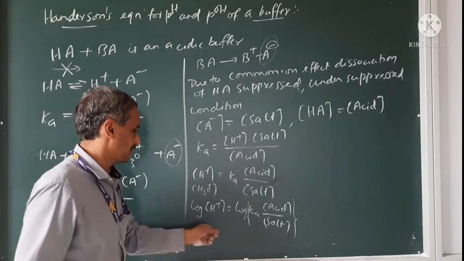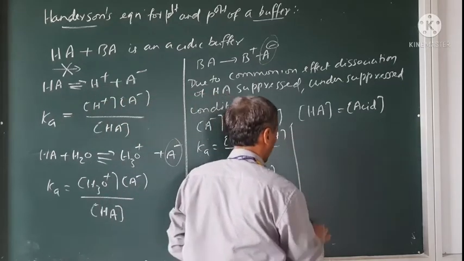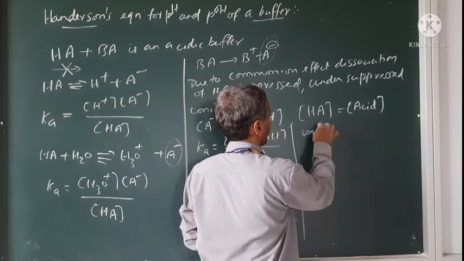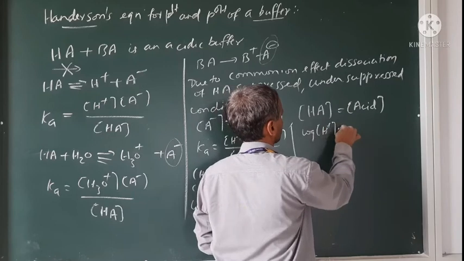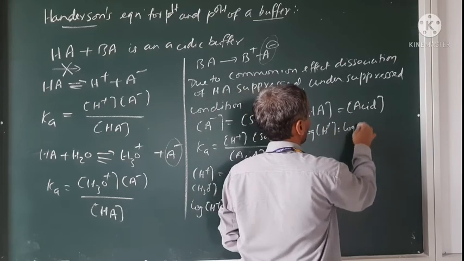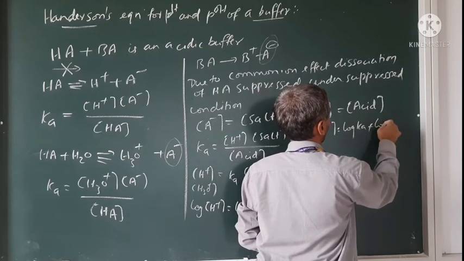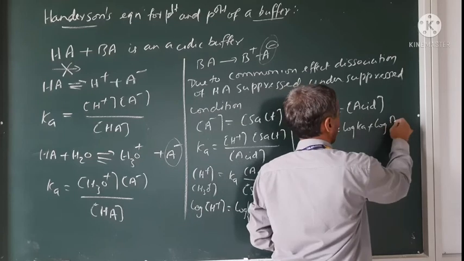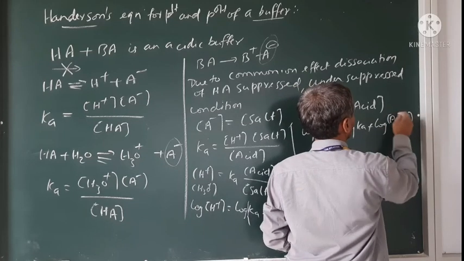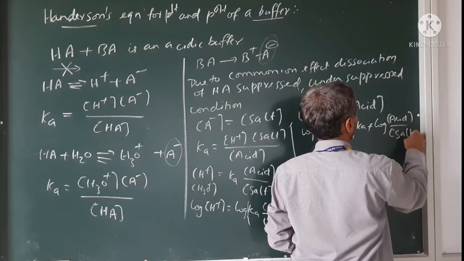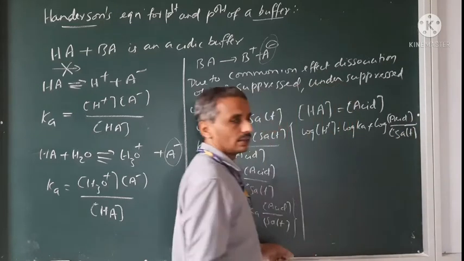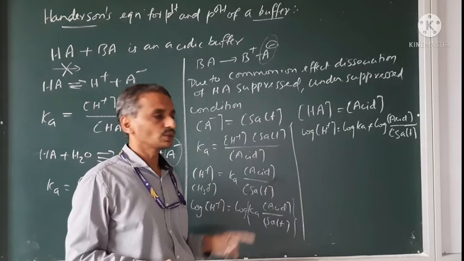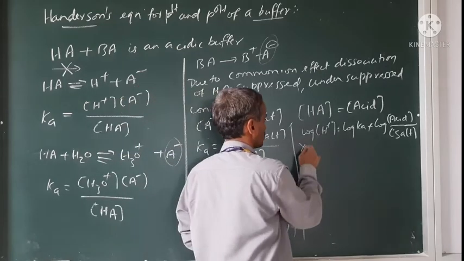Log AB form applied. So I have log of H plus concentration is equal to log of Ka plus log of acid by salt concentration. pH is negative logarithm, so multiply by minus 1 throughout.